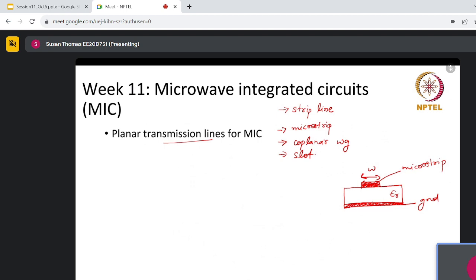You are familiar with the TEM, the transverse electromagnetic wave propagation. Can you say, is it a TEM mode of propagation in the microstrip line? If you just look at this, you have two plates, I mean, there are two conductors. So there will be field between these two. There will be field going like this, and also there are some fields which emerge like this.